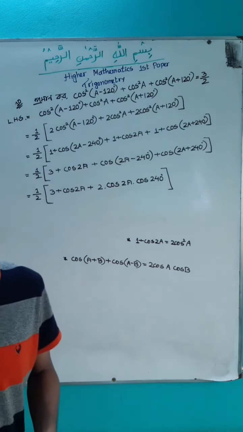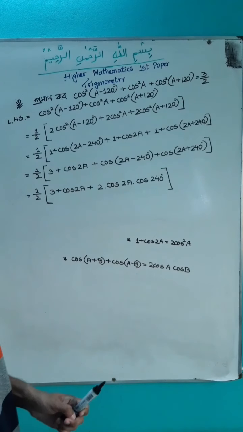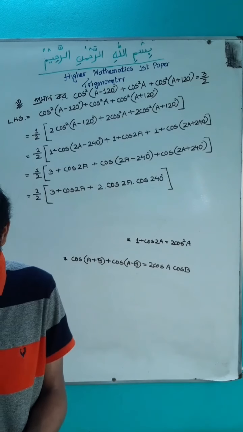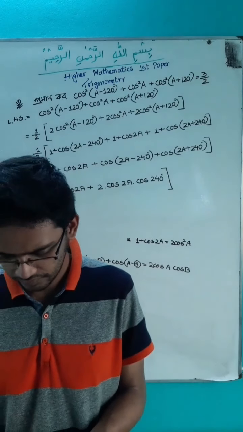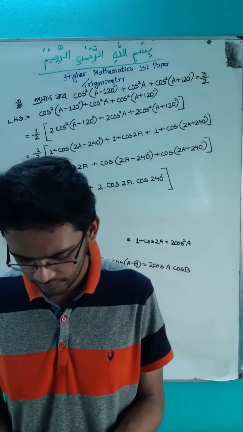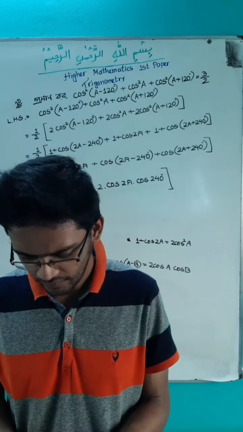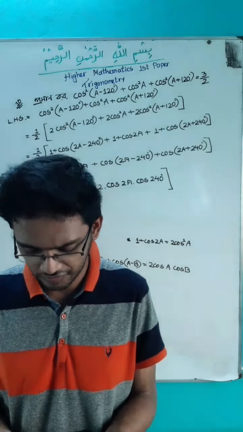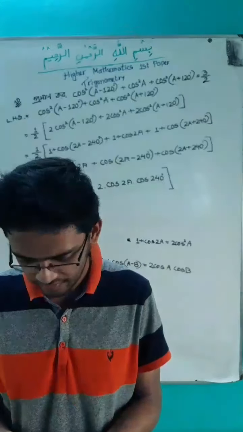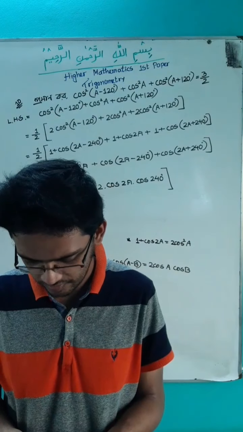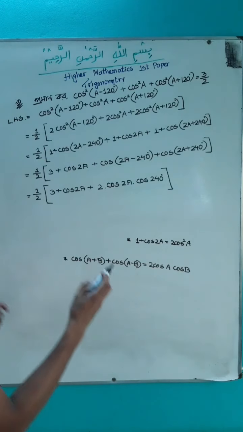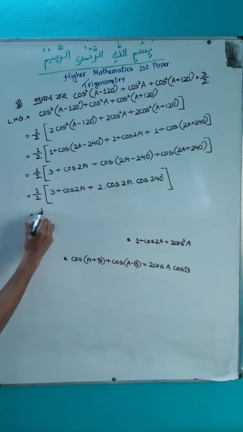So what is the result of cos 240? We find the value of cos 240 degrees, that means minus half.